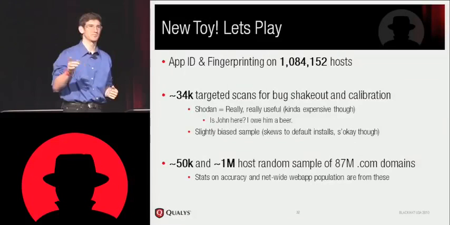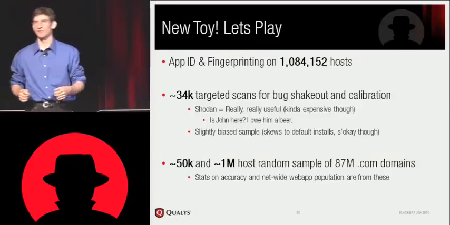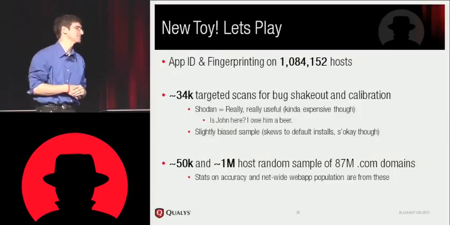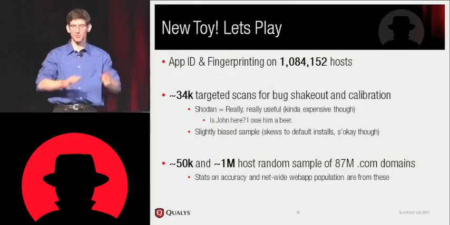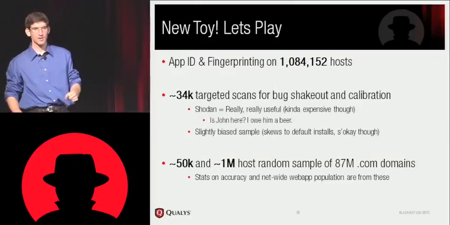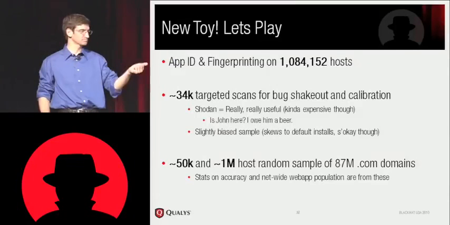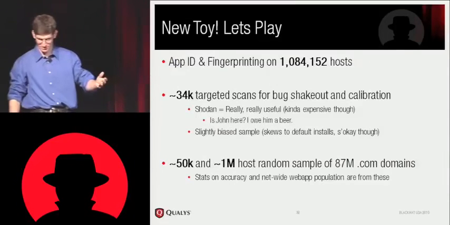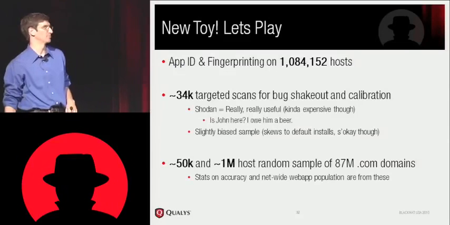All right, I still owe him the beer, but he's not here. Okay. Then got a dump of 87 million .com domains. And said, okay, let's go and do app guessing and then fingerprinting on all of those. So discover if there is a supported app there, and then go ahead and fingerprint it and see what version's there, and take the results from that and see what interesting stuff cropped up.